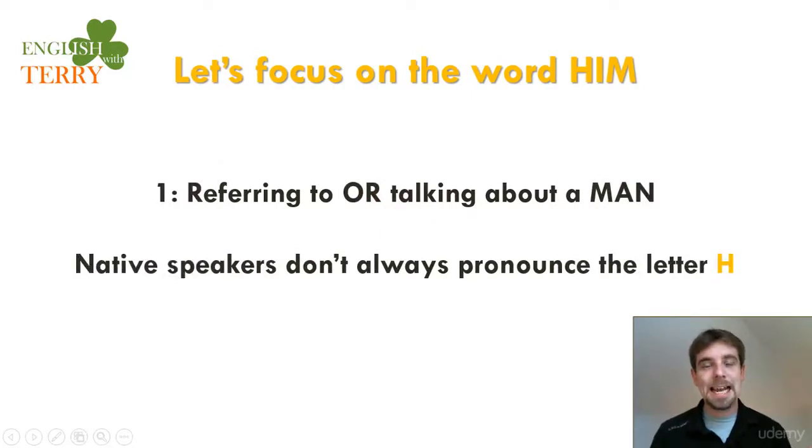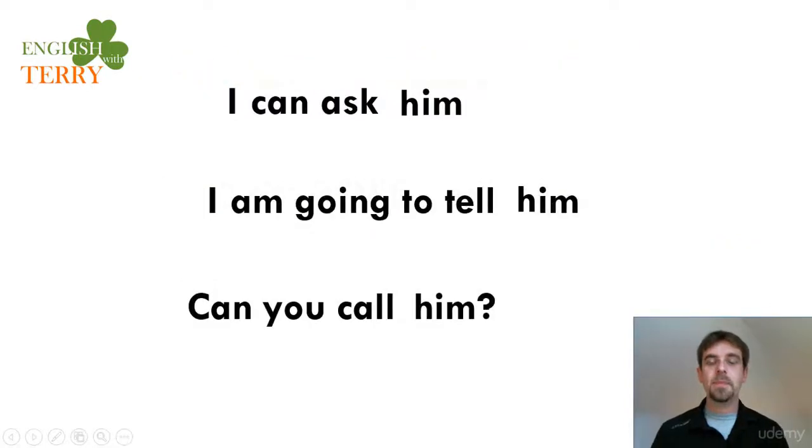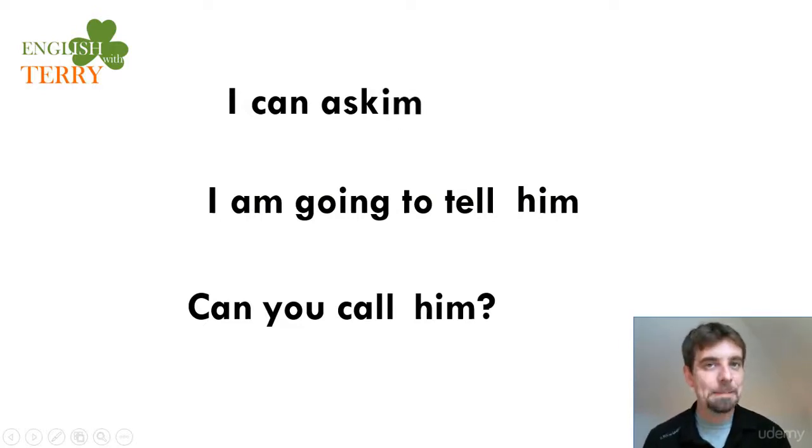The idea again about "her" to "er" is native speakers don't always pronounce the letter H when we speak quickly. Here, for example, I can ask him. I can ask him. Ask him. So train and practice this sound. Ask him. I'm going to tell him.